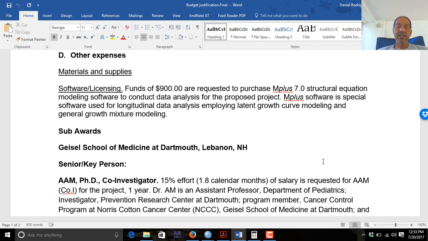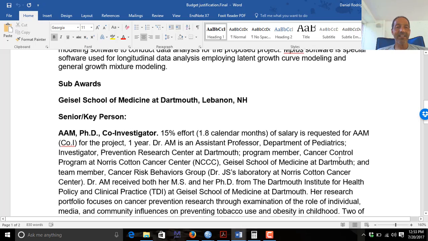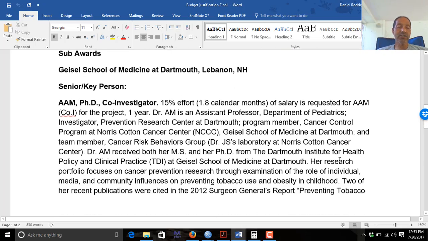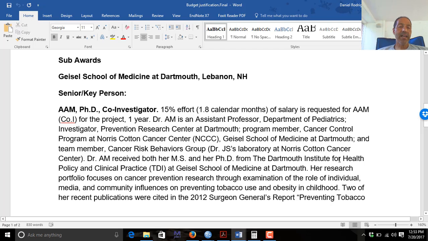And finally, this is an area that you wouldn't have in the study that you're working on for our project, I should say. But in this case, I have a subcontract, so we're paying Dartmouth for one of the researchers there to work with me, and that researcher required 15% effort to work on the grant, so I had to write this out as well and justify that individual's involvement and all of her wonderful skills. Those, of course, make budgets a little bit more complicated.